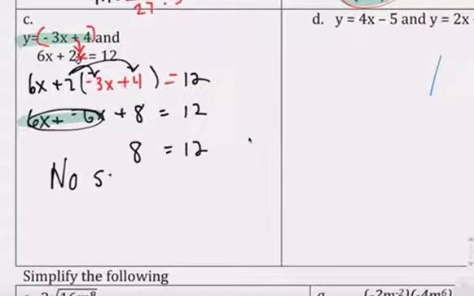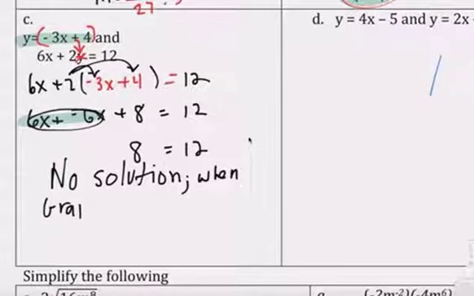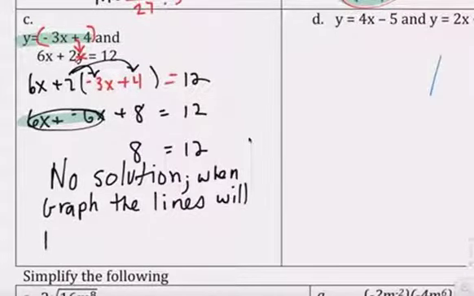What does that mean without graphing it? It means the two lines will be parallel when graphed. That's what we know: if we graph it, the lines are going to be parallel.